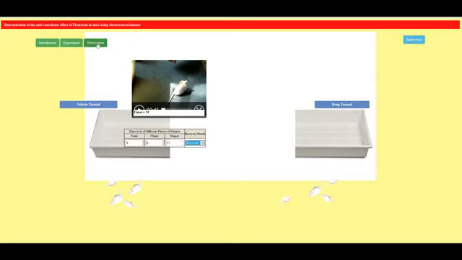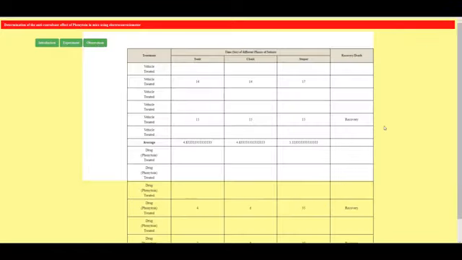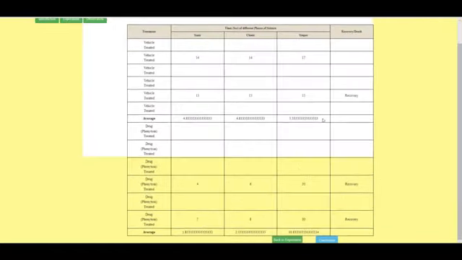Now let's quickly see the observation table. You can all see that when the vehicle was given in 2 cases, 14, 14, 17 and 15, 15, 15 were obtained. On administering the drug, 4, 6, 35 and 7, 8, 30. In both cases we got the recovery.